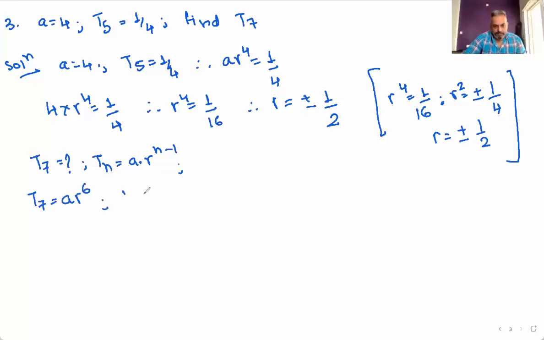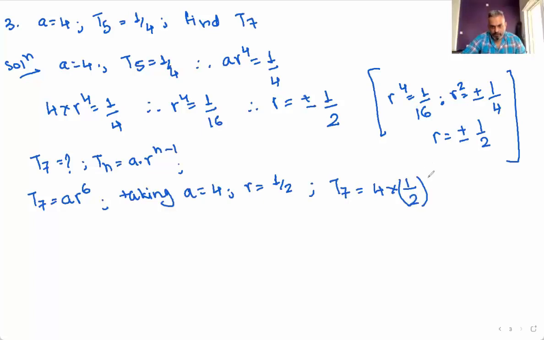Now taking A is equal to 4 and R is equal to 1 by 2, what we get is T7 is equal to 4 into 1 by 2 whole raised to 6, which is equal to 4 into 1 upon 2 raised to 6, which is 2, 3, 4, 5, 6, 64, which is equal to 1 by 16.